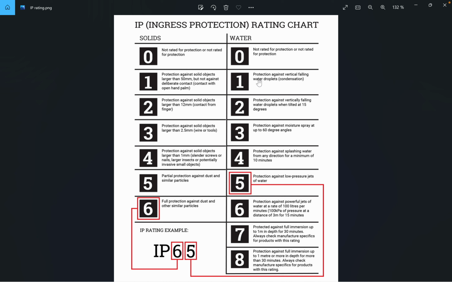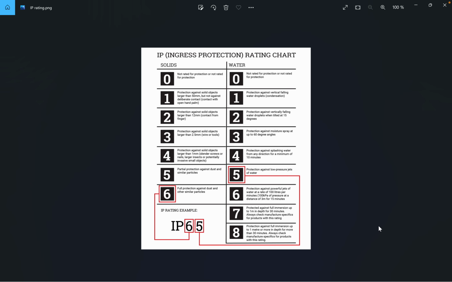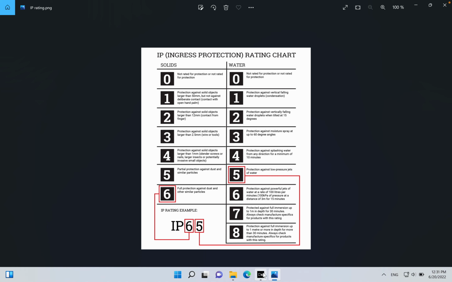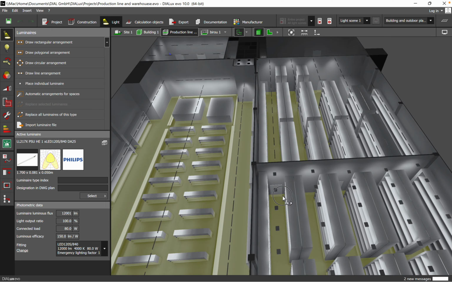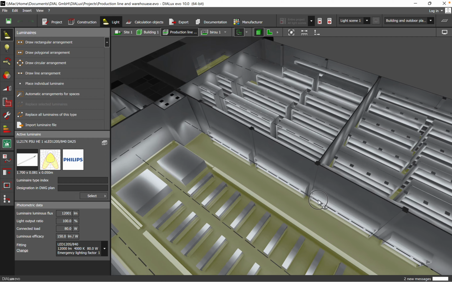So here will be a protection against vertical falling water drops. So this will be the minimum required against water. Okay, let's move on now to Dialux and dive into the different areas and check together where you can see the IP protection.